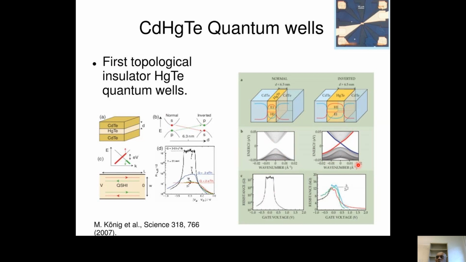But when you have this inverted situation, the resistance decreases by several orders of magnitude, because now you have conduction due to the band overlapping, right? Because of the surface states, you have some conduction happening here. You can see this is now decreasing to the order of h over e squared resistance, right?